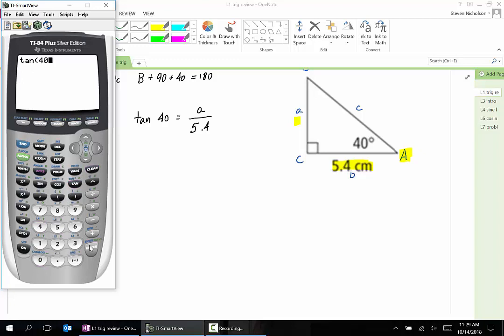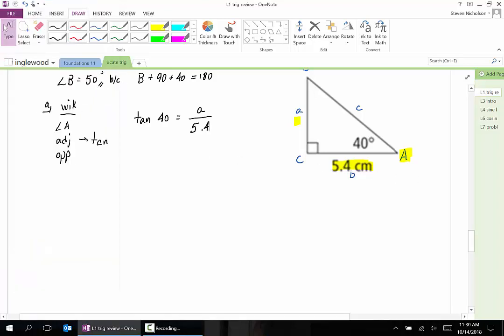My calculator is going to tell me, for every right triangle with a 40-degree angle, the ratio of the side opposite to adjacent. And it's telling me 0.8391. I want us to get in the habit of writing to 4 decimal places. So 0.8391 is equal to A over 5.4.